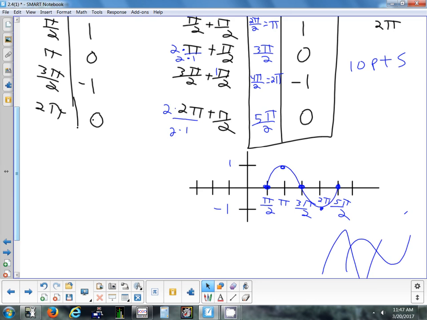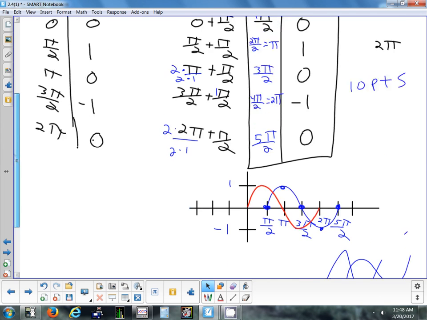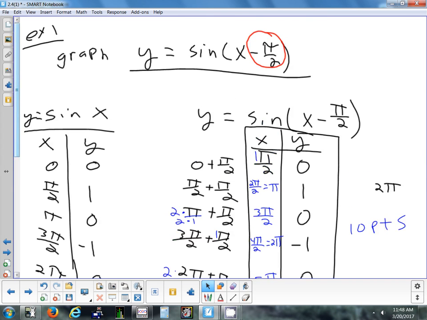Okay, so there's your graph. Your original would have looked something like this. In red would be the original. In blue is the new one. So what happened is the original moved from here, and it slid to the right, pi over 2, which is exactly what should happen when you subtract.